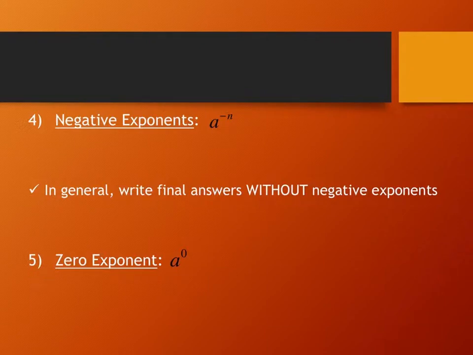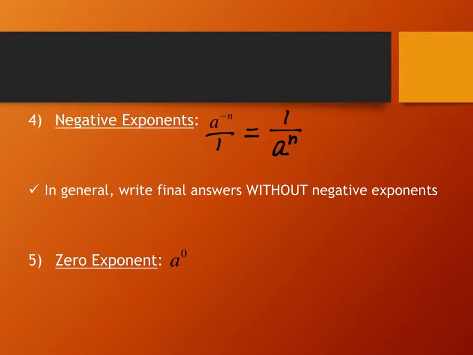Right, so it becomes a fraction. It's almost like it's written over the number 1, and we put it in the denominator of a fraction. So this would be equivalent to having 1 over a to the n. Because the exponent was negative, we move it to the denominator, and it becomes positive.